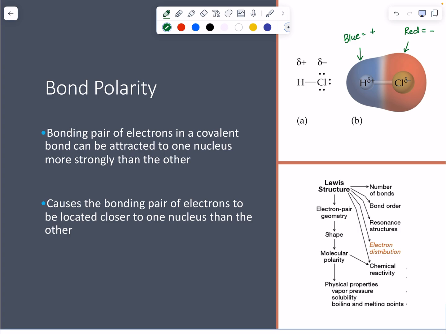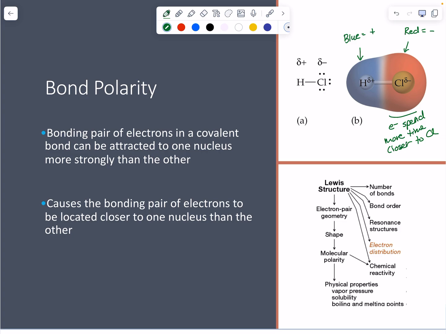When we look at it this way, it tells us that electrons spend more time here, the electrons in the bond. It doesn't mean that they don't spend any time near the hydrogen.